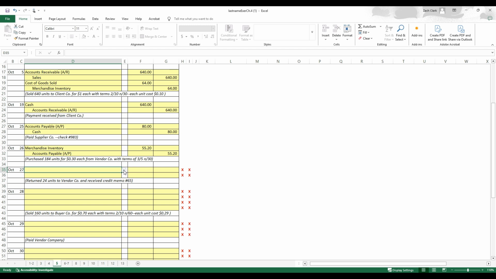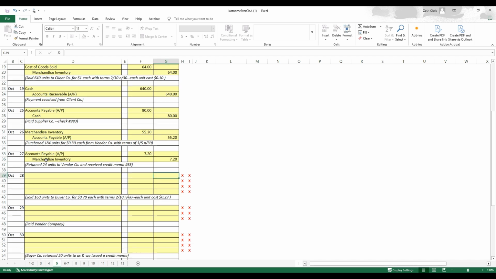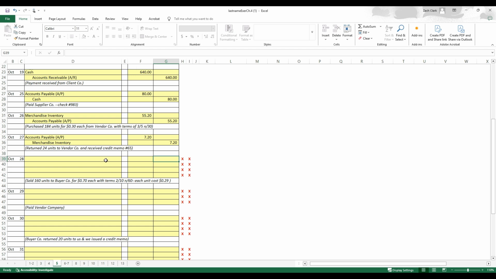Okay, then we return 24 units. So again, with our returns, we're basically doing a reversal here. We got rid of our inventory and our accounts payable goes down, but now we just have 24 units times 0.3 instead of the 184 we originally bought in total. Okay, and then we sold 160 units for 70 cents each.